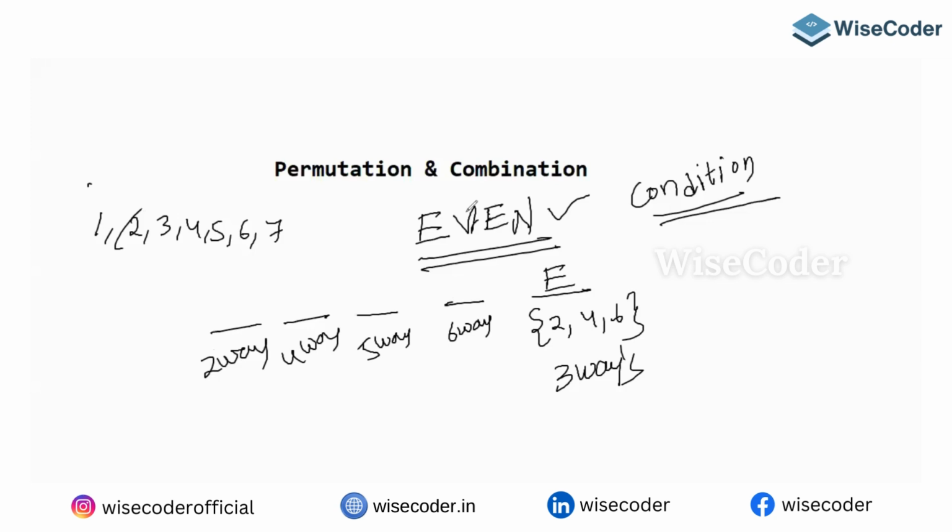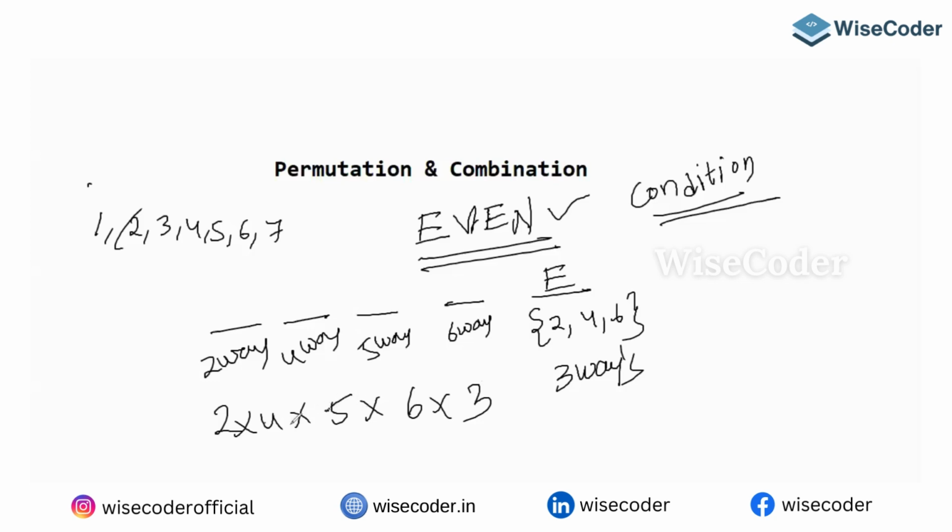Here you need to understand the last digit must be even. When the last digit is even, definitely this is going to be 2 into 4 into 5 into 6 into 3. 6 5s are 30. 30 into 4.